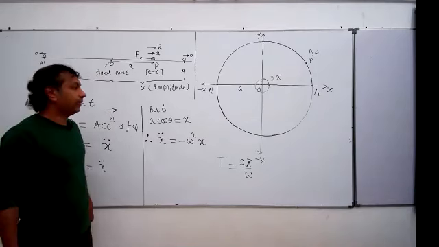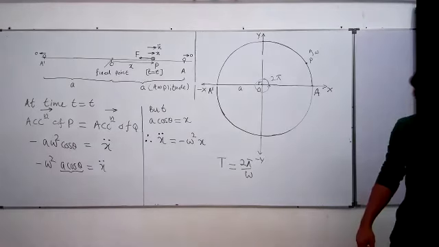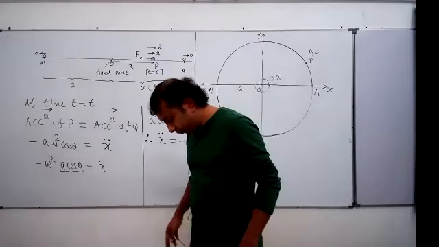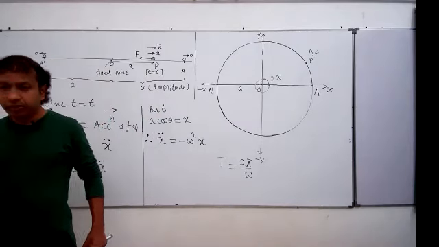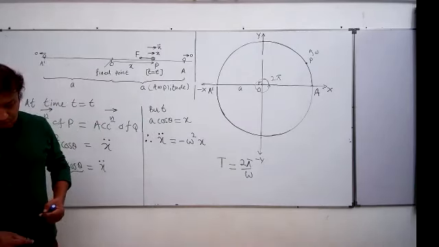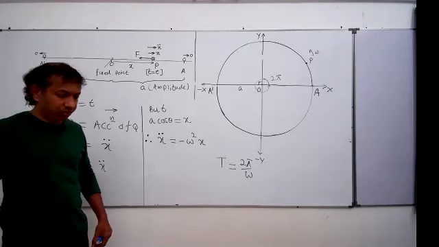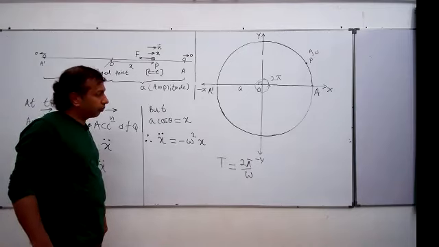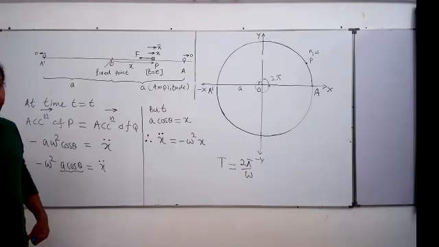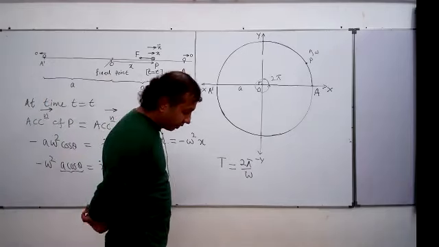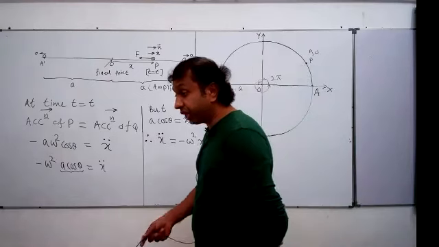Right. Now write down like this. The time taken by the point Q to complete a single oscillation is called the period of SHM, simple harmonic motion.